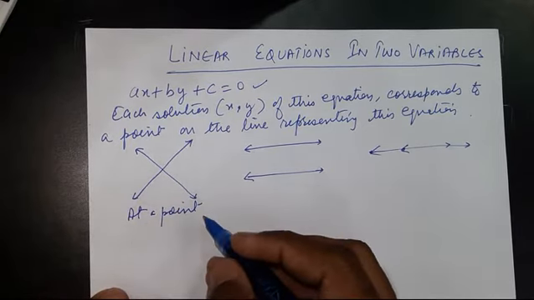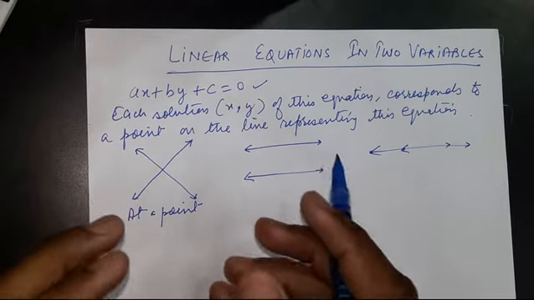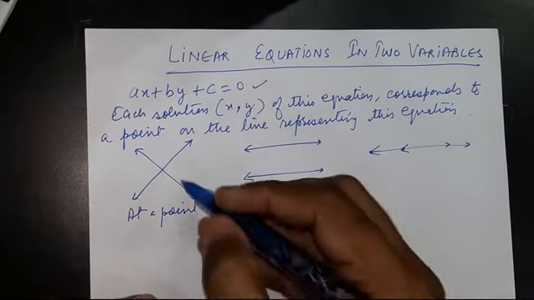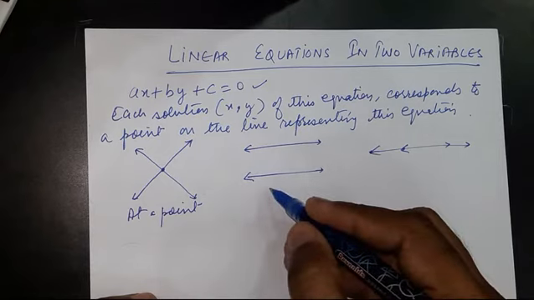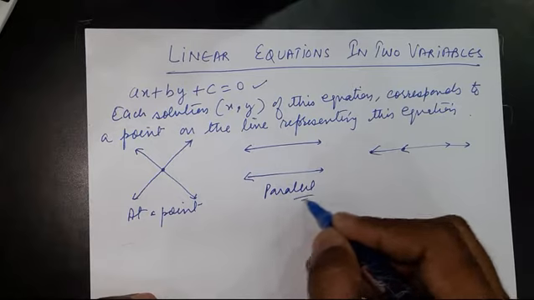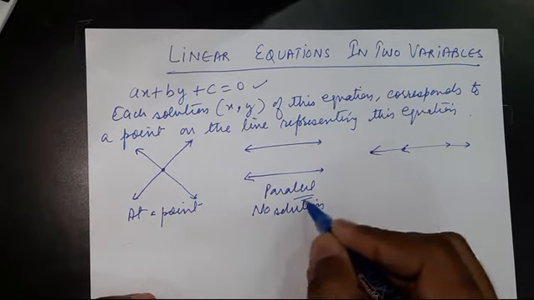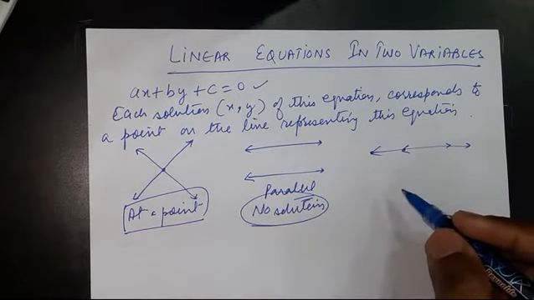So if they are intersecting at a point, you are getting a solution there. That will be known as the solution of that graph where these two lines are intersecting. And the two lines which are not intersecting are parallel lines, so they won't intersect, so no solution. No solution means you will not have any solution of those two equations.